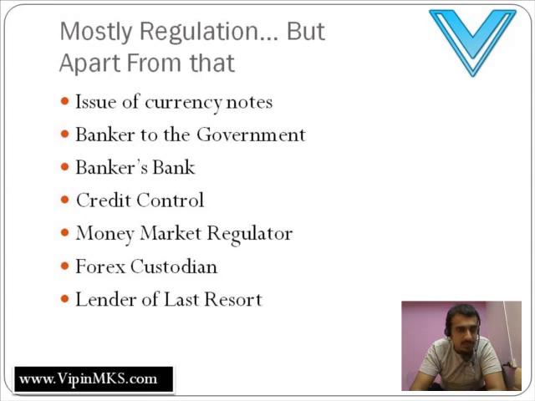Forex custodian, foreign exchange custodian. Now RBI happens to be the controller of foreign exchange in the country. Now you and I can't buy dollars at a low price and in turn sell them at a high price. For example, let's say I bought $100 by exchanging rupees when the price was 50 rupees to a dollar.